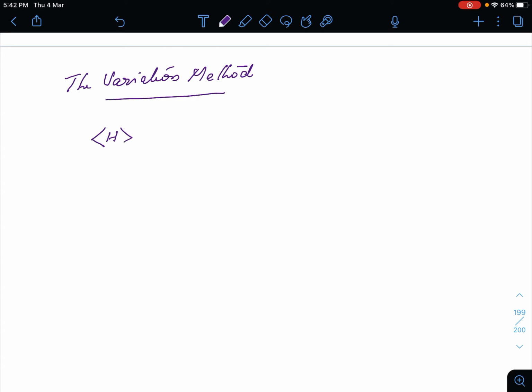with respect to a trial wave function, let us say phi. We don't know the actual wave function, so we use a trial wave function to find the expectation value of the Hamiltonian.